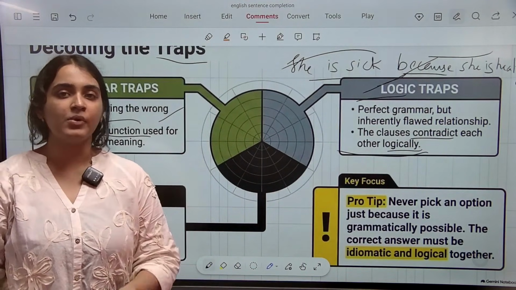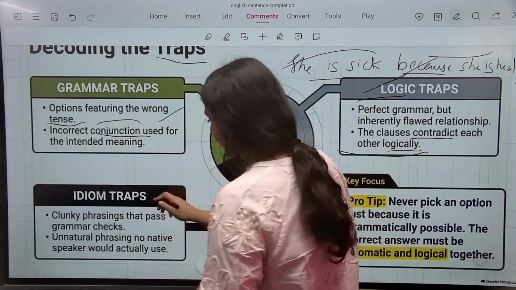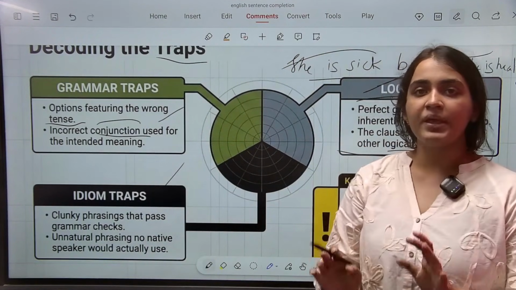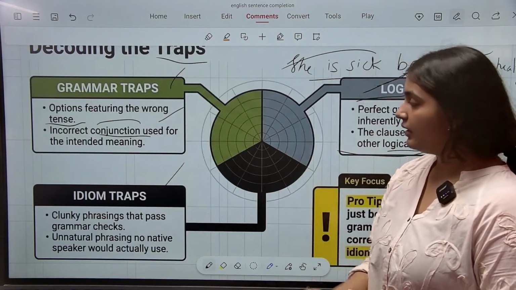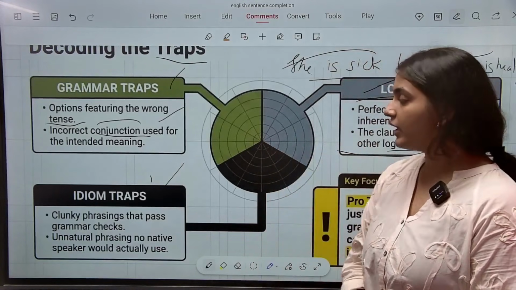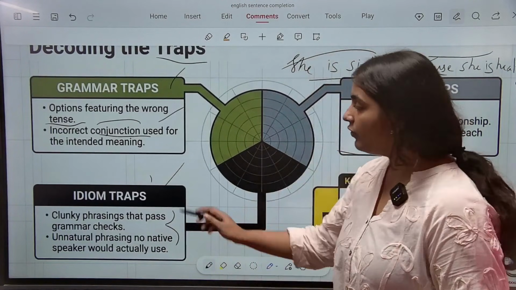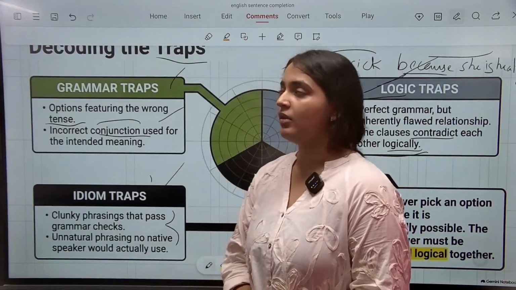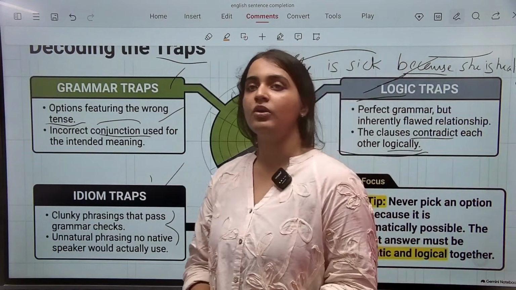Not necessarily a grammatically correct option will be the correct option. Next is idioms. It makes sense, but the grammar is wrong. But still it may be the correct option because in idioms sometimes the grammar is not correct. The whole phrase you cannot modify. So when you're going through the sentence, you have to identify whether it is an idiom or not.